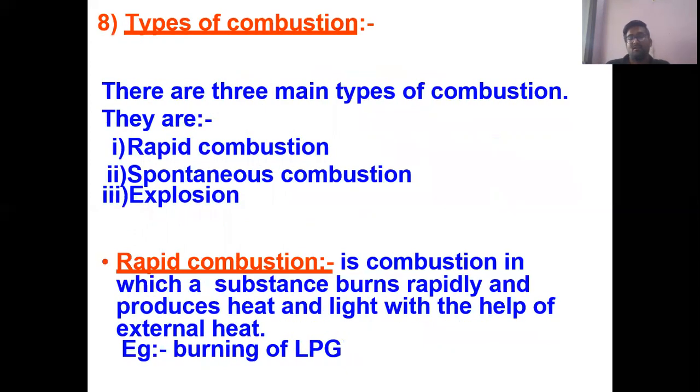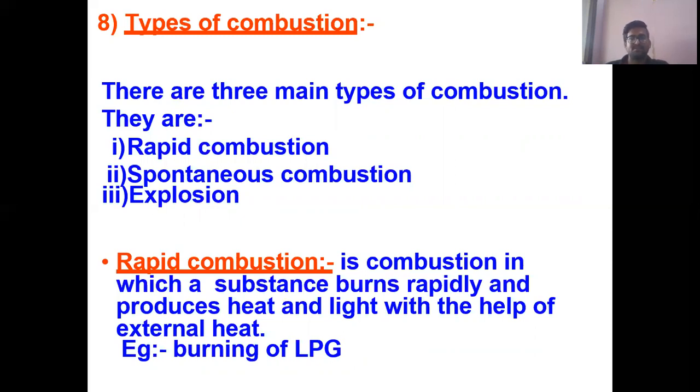Students, there are three types of combustion. The first one is rapid combustion, the second one is spontaneous combustion, and the third one is explosion. First of all, we will study rapid combustion.